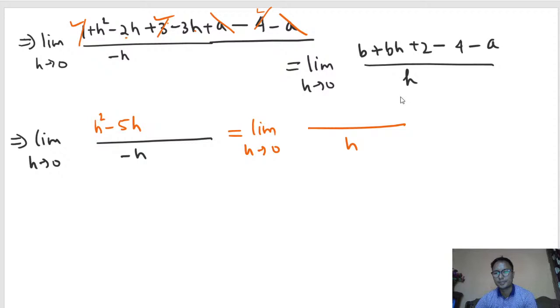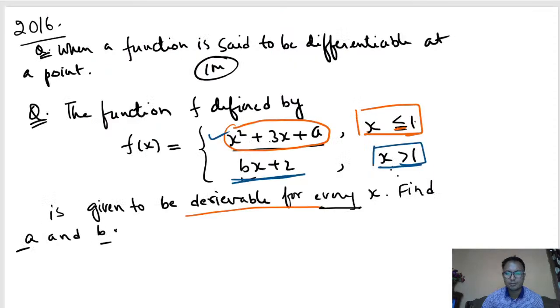How about the right side? We have b plus bh, and then minus 2 and minus a. Is that okay? Any issue? No issue, right?